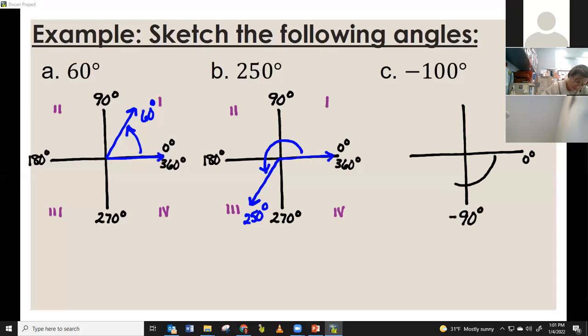How many degrees of rotation to get over here to the negative x-axis? Negative 180, absolutely correct. What about to get up to the positive y-axis? How many degrees of rotation now?